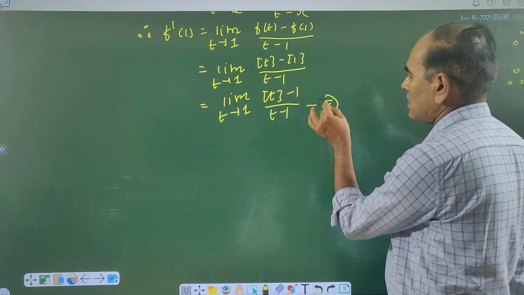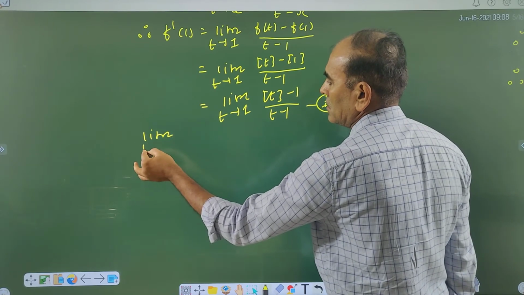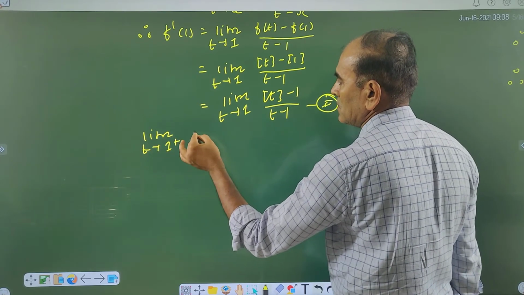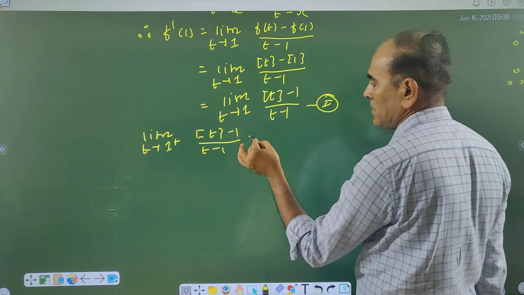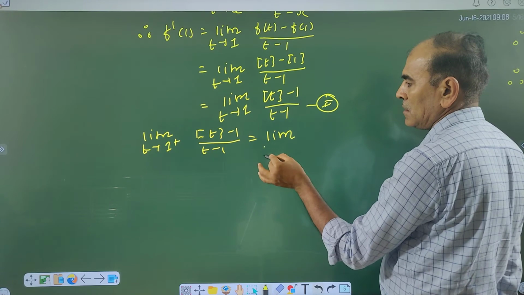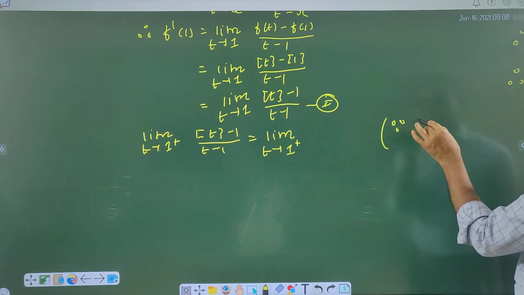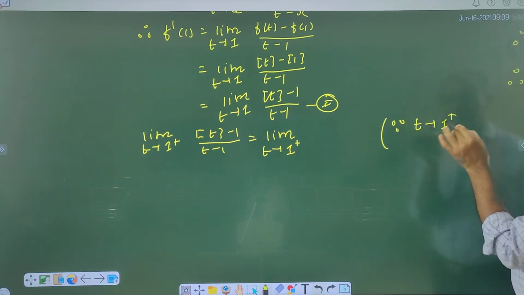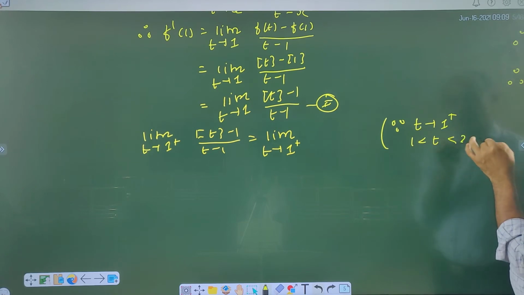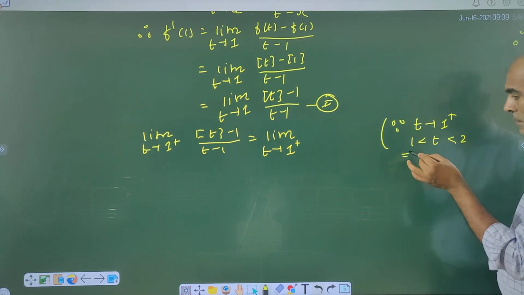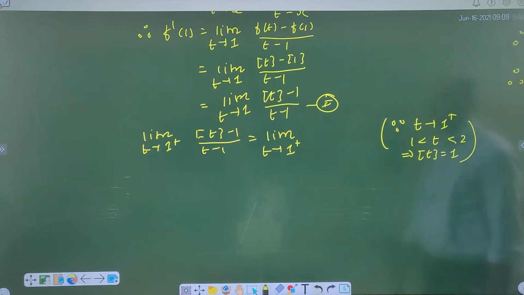Now prove that the left hand limit and right hand limit are not equal. Limit t tends to 1 plus of integer part t minus 1 over t minus 1. Give the reason: t tends to 1 plus means t is greater than 1, so here it should be integer 2, and this implies integer part t is equal to 1.